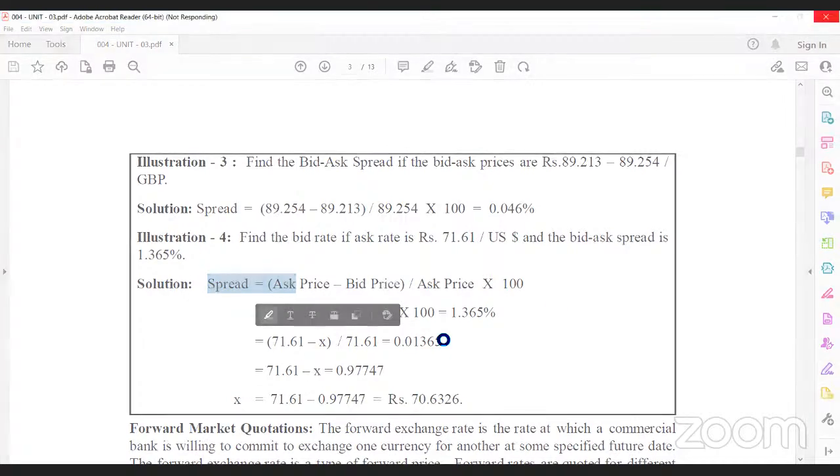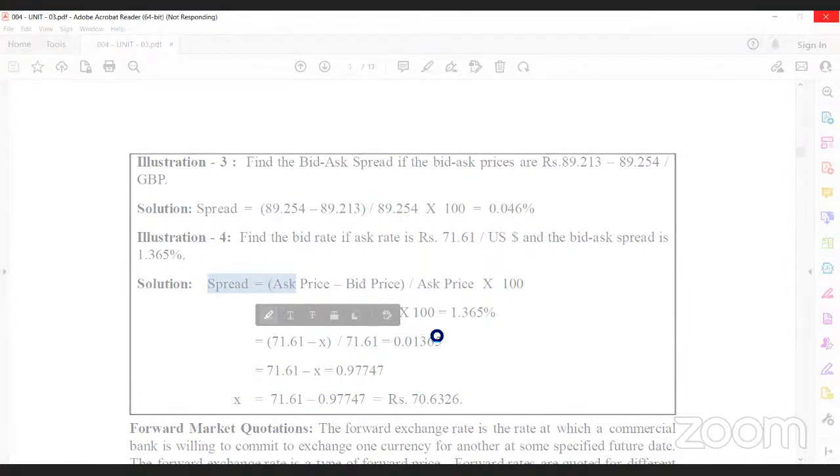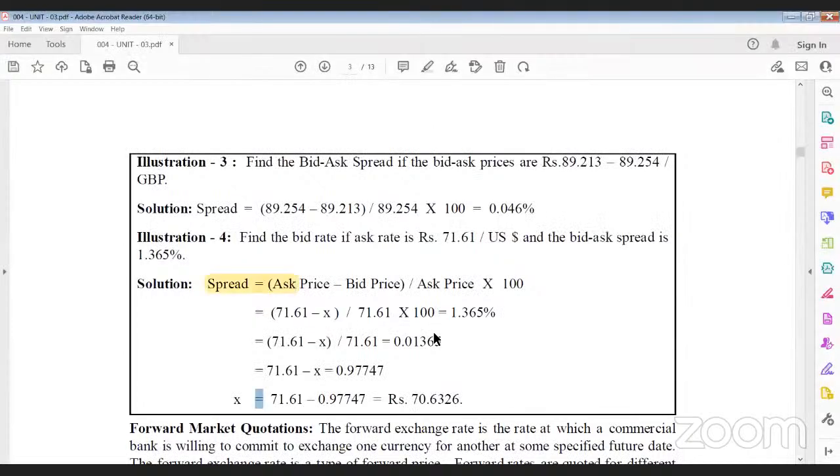So moving on, we have the ask price, which is rupees 71.61, and we will be substituting here, minus the bid price, which we do not know, so we will assume it to be X, divided by 71.61 into 100.